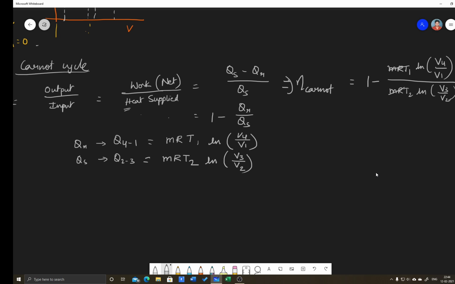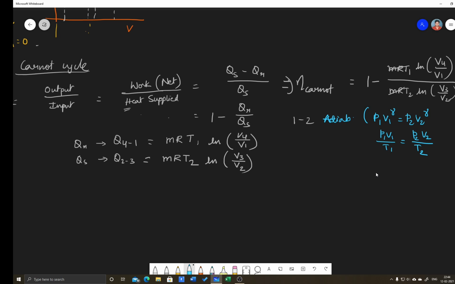So to get these relations, process 1 to 2 is adiabatic compression. That means it follows P1 V1 power gamma is equal to P2 V2 power gamma, and also for every process P1 V1 by T1 equal to P2 V2 by T2.